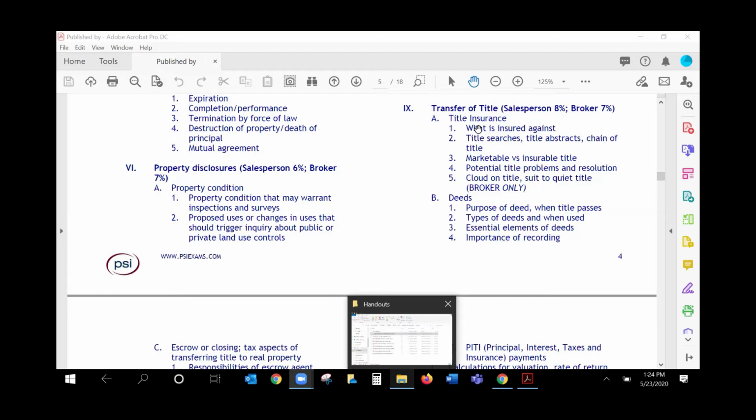So title is the same thing as rights or ownership to that property. But it's not a piece of paper. The piece of paper is the deed, which is what we're going to go through. The piece of paper that shows you got this property from the seller is the deed.